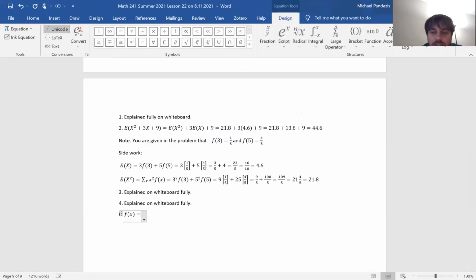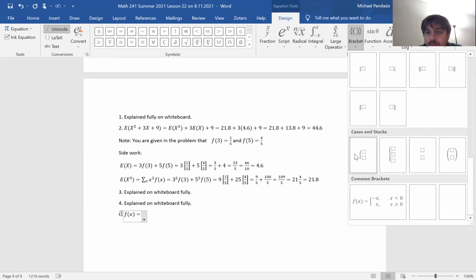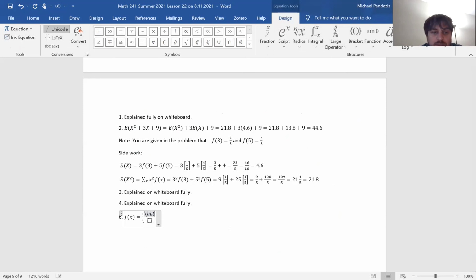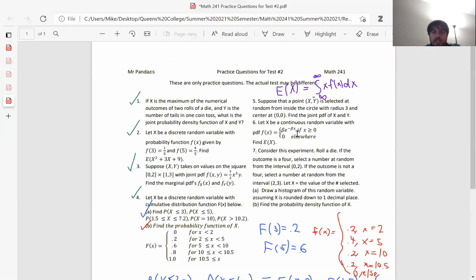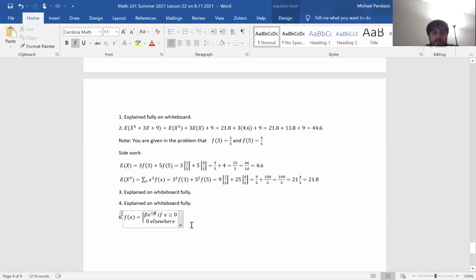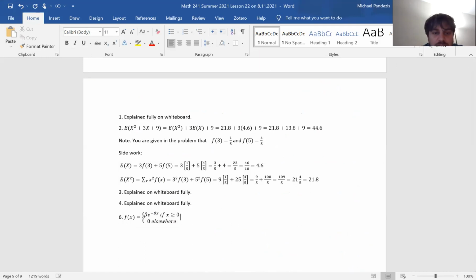F of x is equal to the piecewise function beta e to the negative beta x if x is greater than or equal to 0, and 0 elsewhere. Okay, so we want to find E of x.